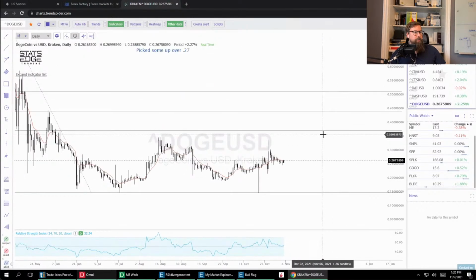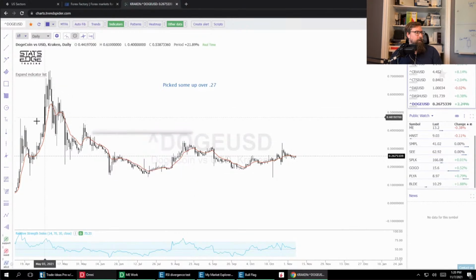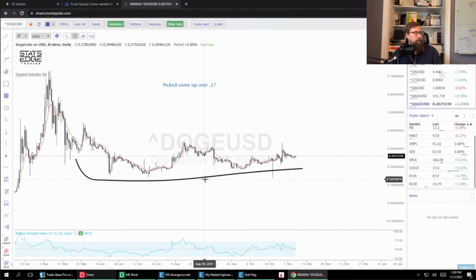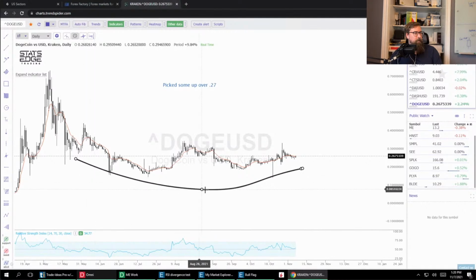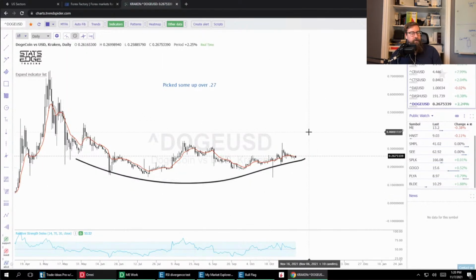And then we have Doge here. I'm in some Doge at around 27 cents. Again, just looking at, let me delete, I don't really care about that fib anymore. But if we take a really kind of long, I've heard this called a fry pan bottom, anything like that, where it's just a huge area of consolidation here.